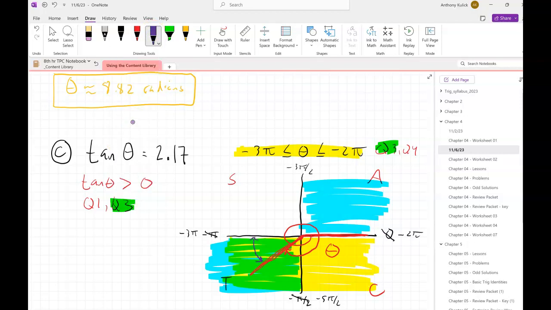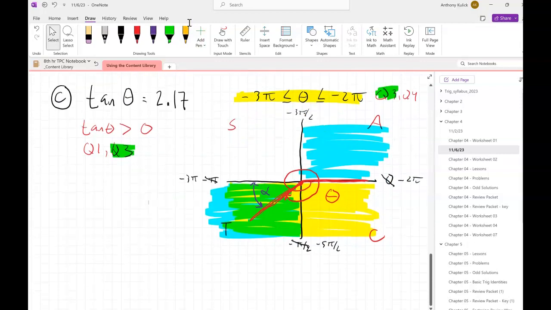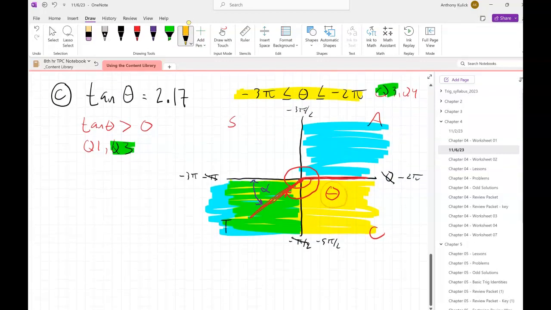Again, it's always between the terminal side and the part of the x-axis closest to the terminal side, always the x-axis. And now we have to find an equation that relates theta, alpha, and negative 3 pi together, between theta, alpha, and that piece of the x-axis that's closest to the terminal side.